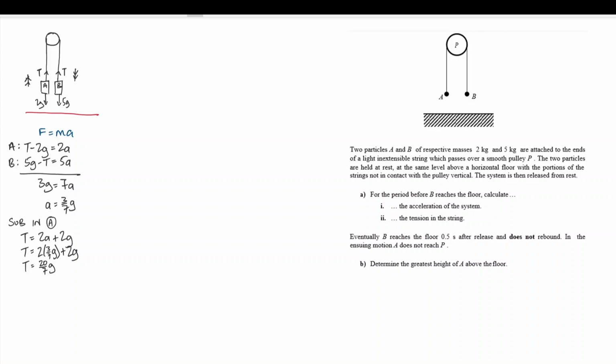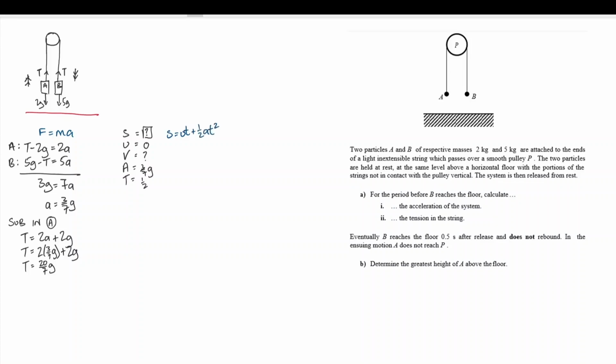Okay, before we move on, I actually want to know what is the current height of A above the floor. We know that it takes B 0.5 seconds to get to the ground. So let's use that to find the distance that we are currently from the ground. So, collecting SUVAT variables, we know the initial velocity was 0, final velocity we haven't found yet, acceleration 3 over 7g, and it was half a second.